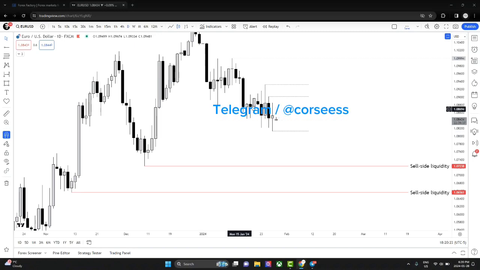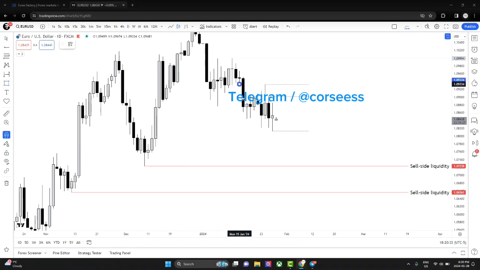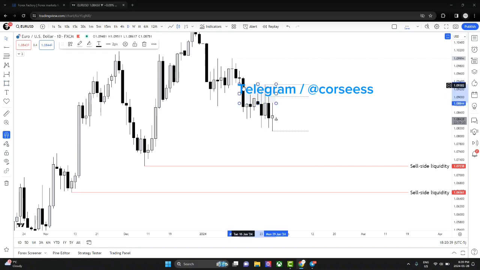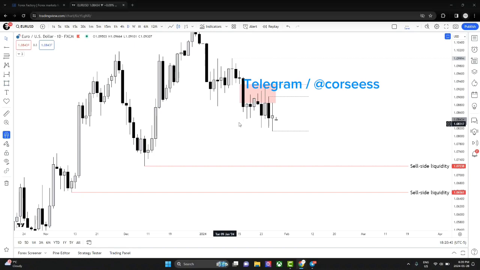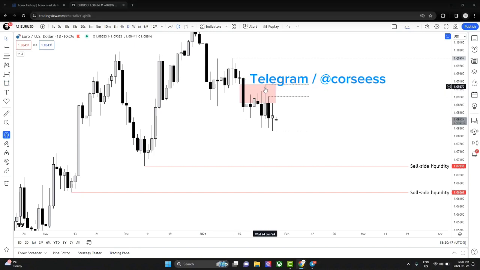Do you remember the last review analysis that we did last Sunday, where I highlighted this gap right here, this fair value gap right here? I stated, most of you guys remember, I think, I would like to see price go in here before I do something, right?